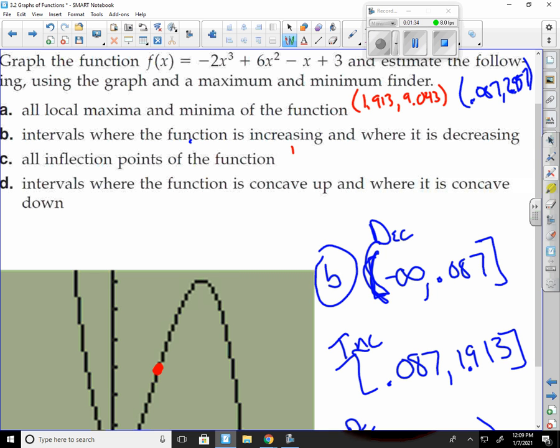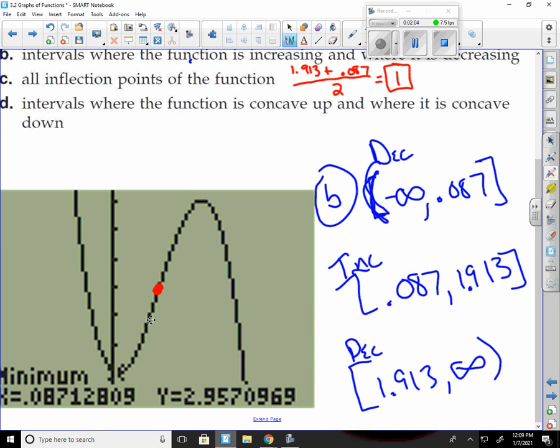So I just do 1.913, and I'm only looking at the x values here, plus 0.087, and then I divide that by 2. 1.913 plus 0.087 gives me 2, and 2 divided by 2 is 1. So my inflection point is going to be at 1, or right around 1.